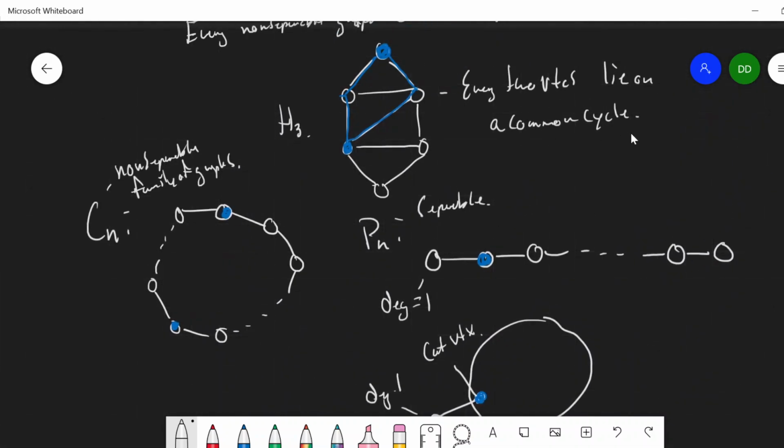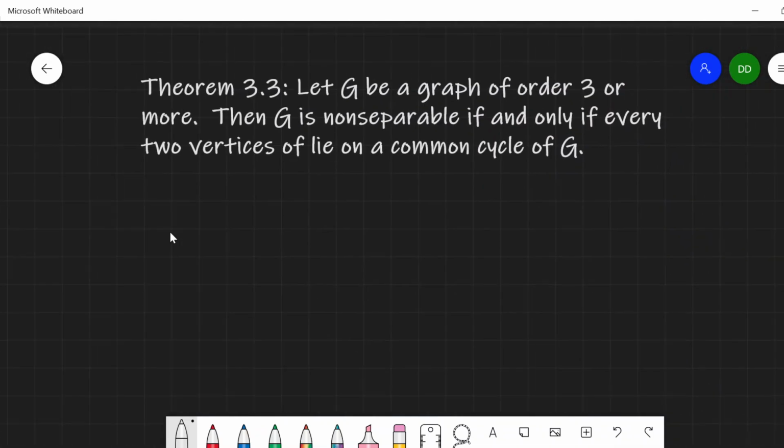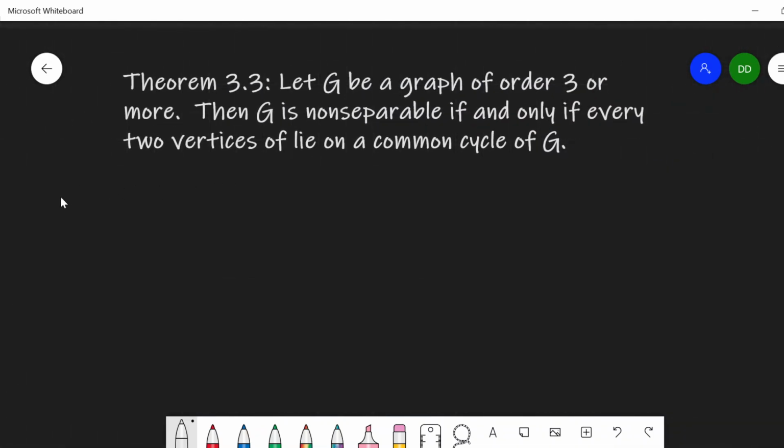This turns out to be true, and this is Theorem 3.3. So let's go ahead and try to prove this. Let's prove the forward direction first. So we'll assume G is a non-separable graph, of order 3 or more, so it contains no cut vertices.